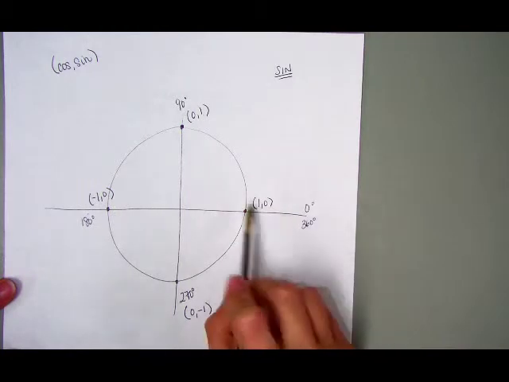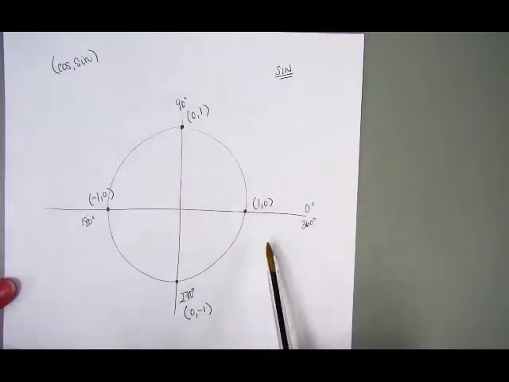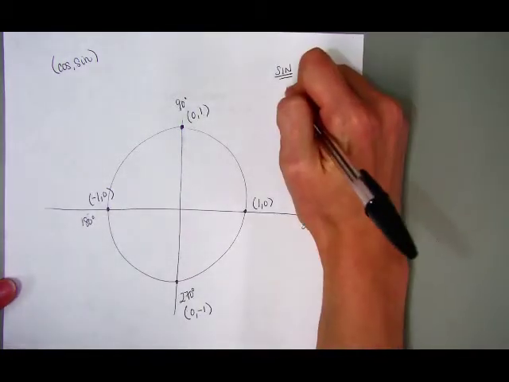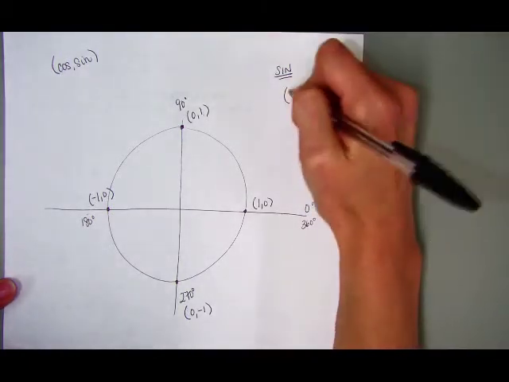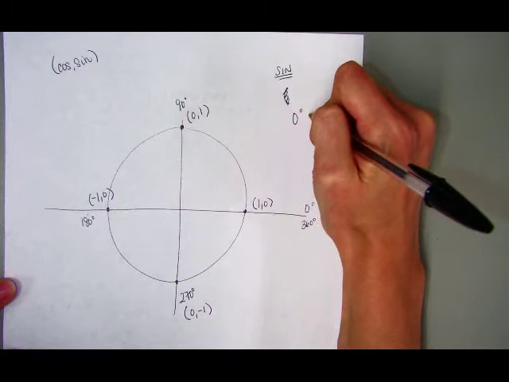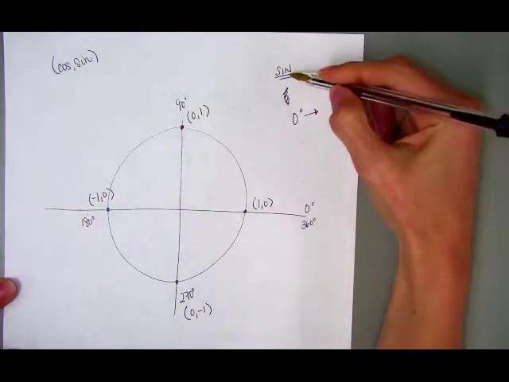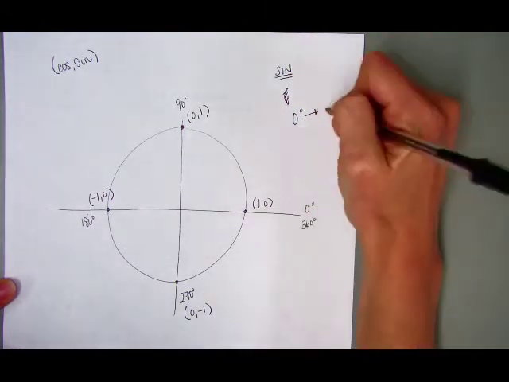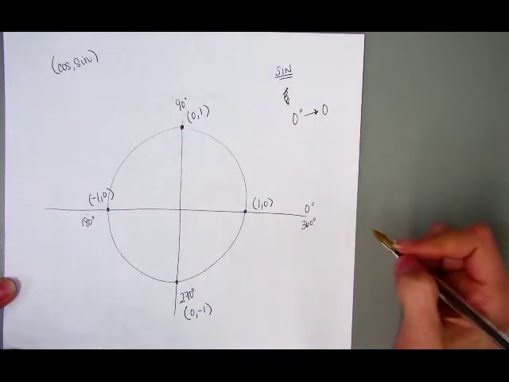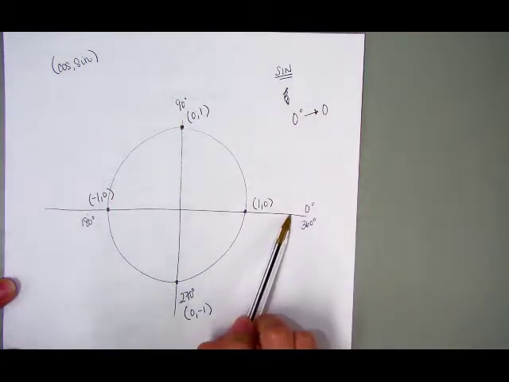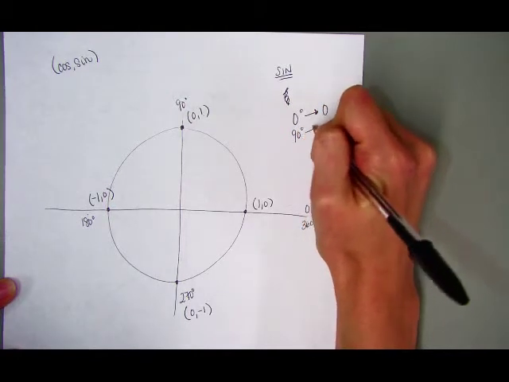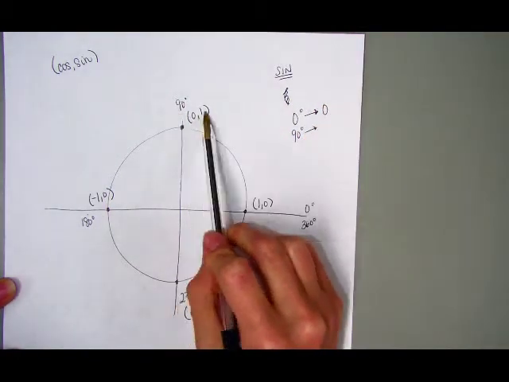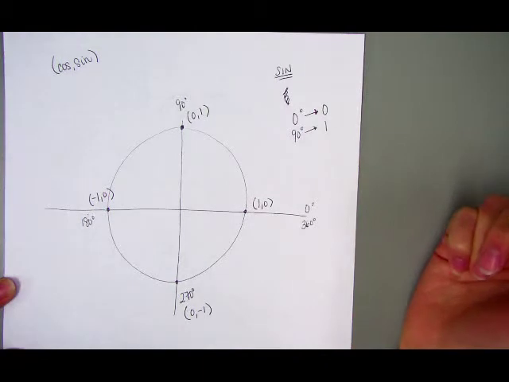So if I look at my first pieces of information on my unit circle, at 0 degrees, I'm just going to write this down, 0 degrees, my sine value is 0. If I go to my next quadrantal angle, which is 90 degrees, my sine value for 90 happens to be 1.